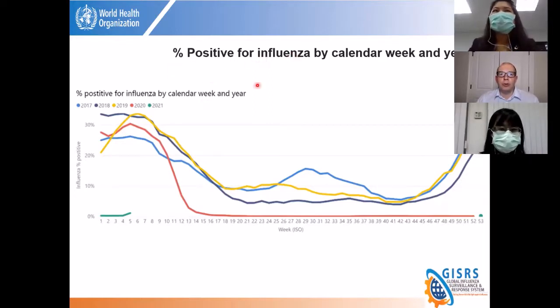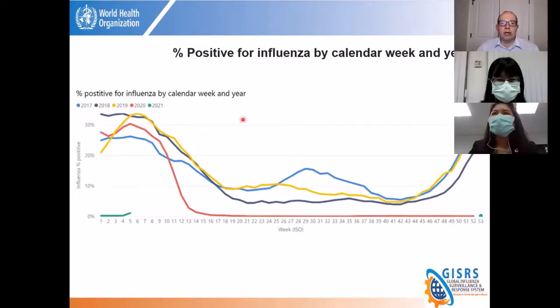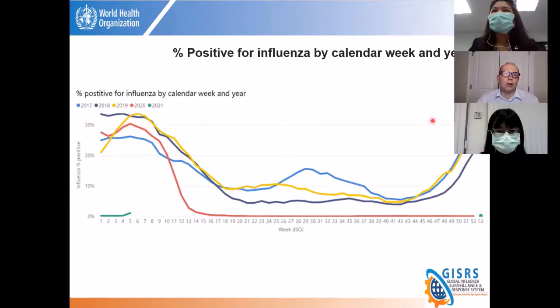But I think the most surprising and unexpected outcome was when we actually looked at how many of these samples were positive for flu. Again, if we have a look historically, 2017, 2018, 2019, we see these peaks of positives during the Northern Hemisphere winter season.